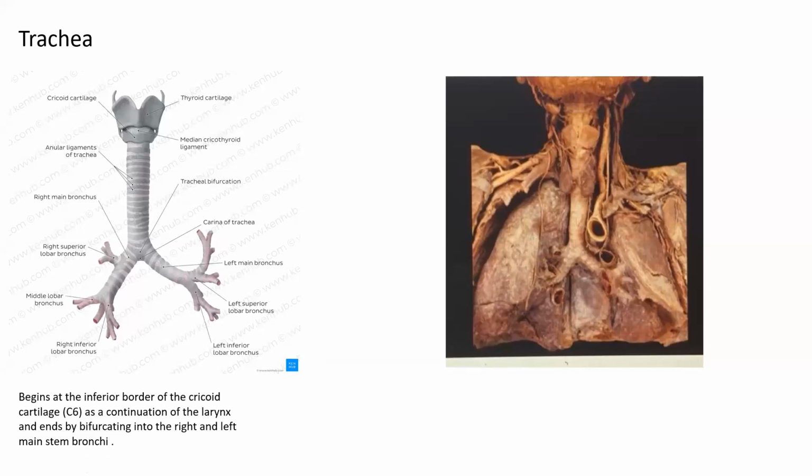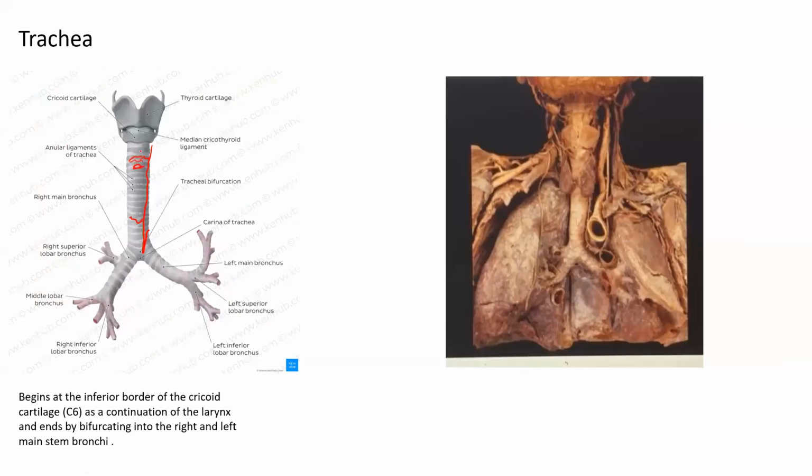So the trachea starts at the inferior border of the cricoid cartilage and is a continuation of the larynx. It is about 12 centimeters long and has rings.